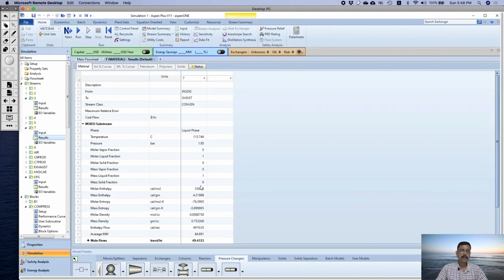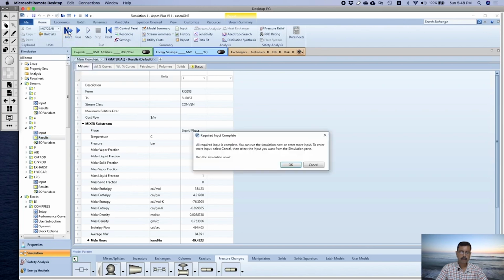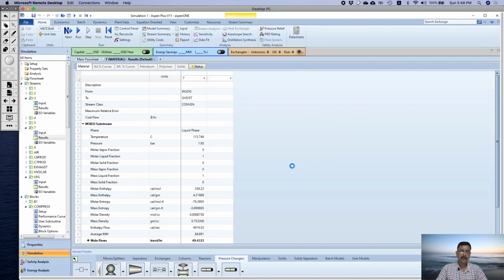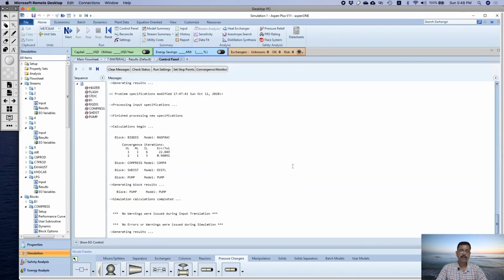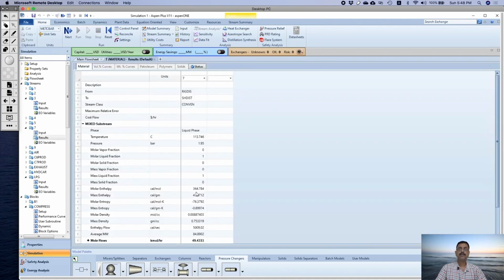Let us see whether it happens, and if it happens, then to what extent. So we run simulation now. Simulation run. Now it becomes 364. Molar enthalpy 364. From 358 to 364. So molar enthalpy increased.